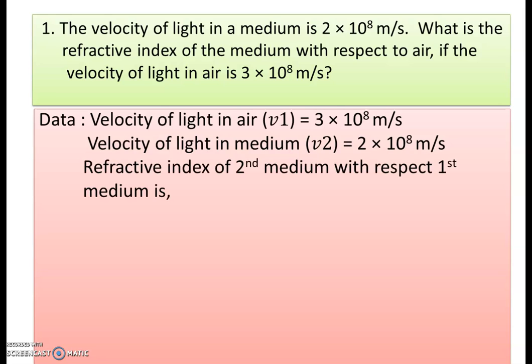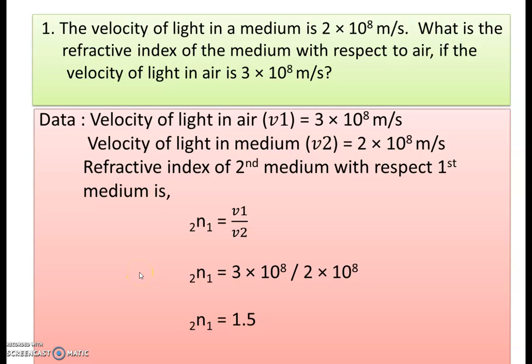Now what do we have to find out? We have to find out the refractive index of the second medium with respect to the first medium. So that's why the formula will be refractive index of second medium with respect to first medium. That means refractive index of medium with respect to air equals velocity of light in air divided by velocity of light in medium.